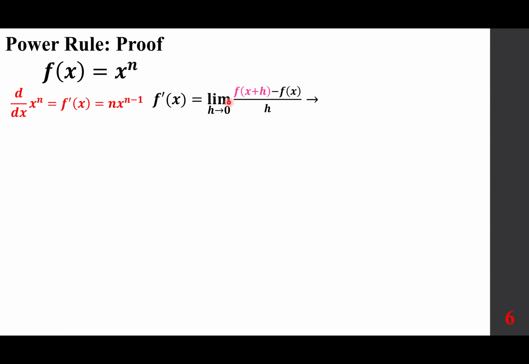So what is this equal to? f(x plus h) is x plus h to the power of n. The rest of them simply stay themselves, meaning f(x) is x to the power of n and h is h.